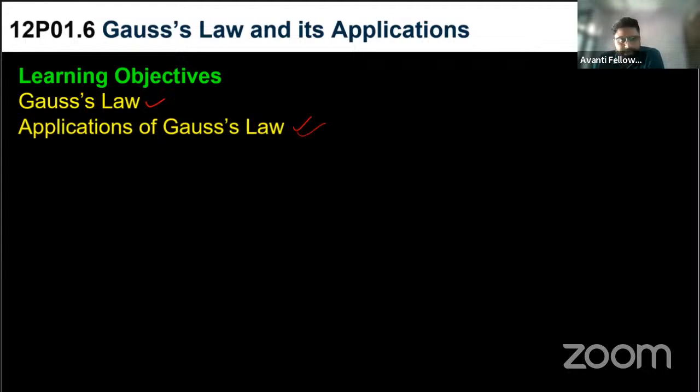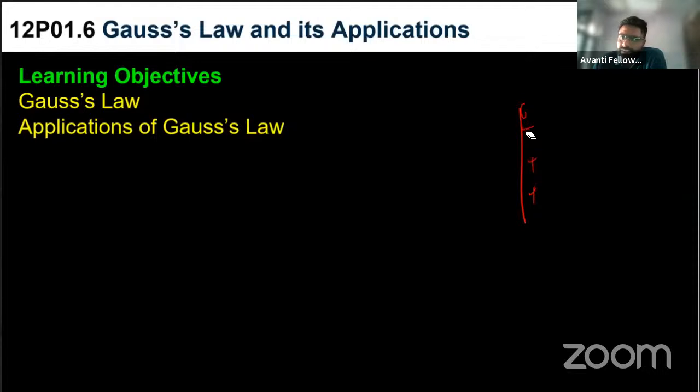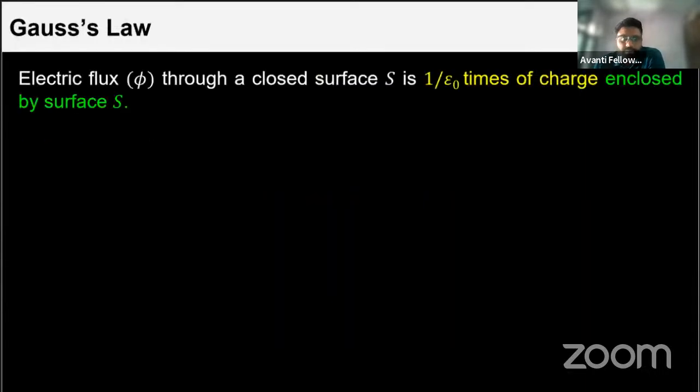The application of Gauss law is really important, and you must pay attention to this because it is really going to help you. The derivation that we did for line charge, the expression that we saw for a uniformly charged disk, it is very easy to calculate the electric field with the help of Gauss law. You will find that expression within seconds. Now, let's move on to Gauss law.